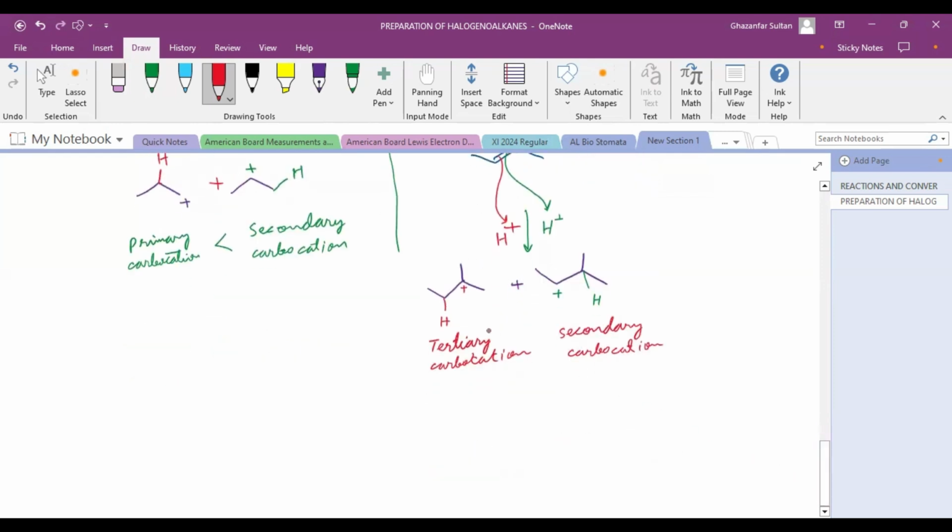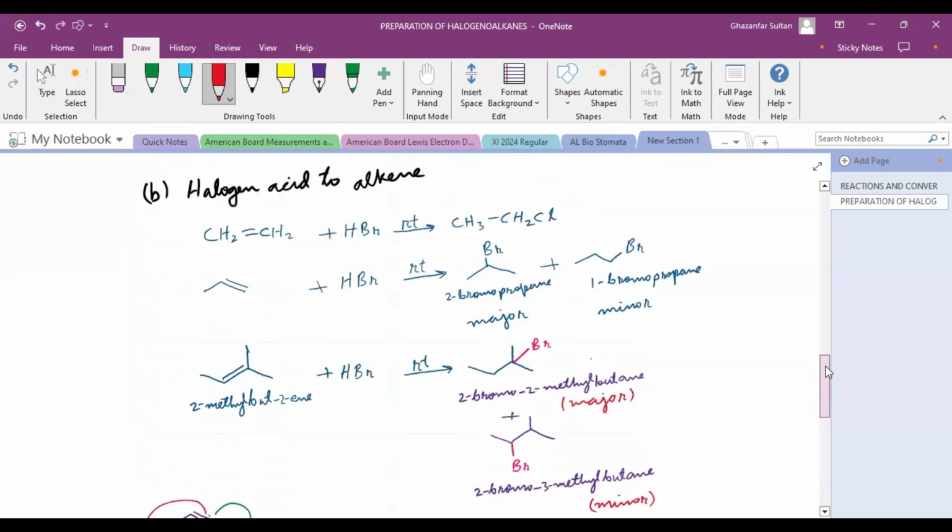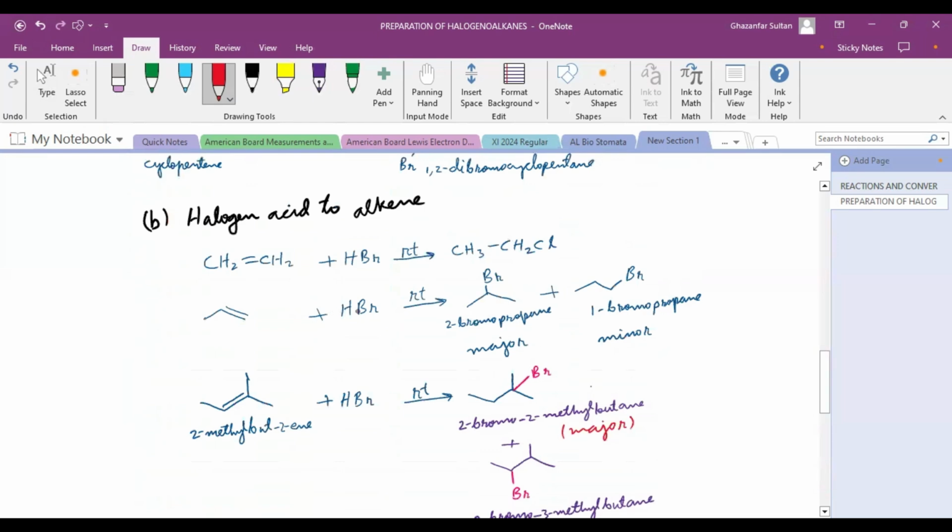So it is very clear that primary carbocations are less stable as compared to secondary, and secondary carbocations are less stable as compared to tertiary carbocations. So that's why you can understand why these are the major products.